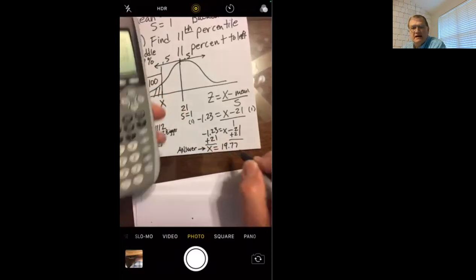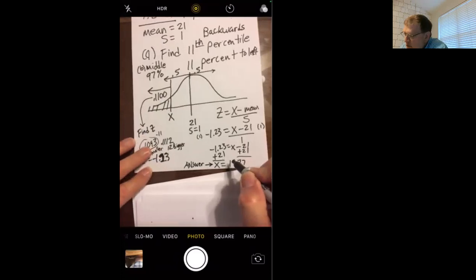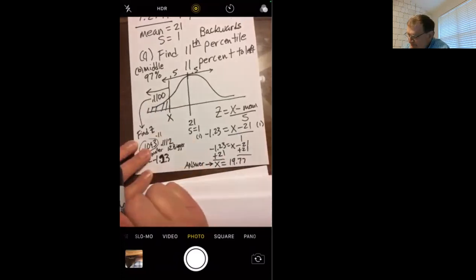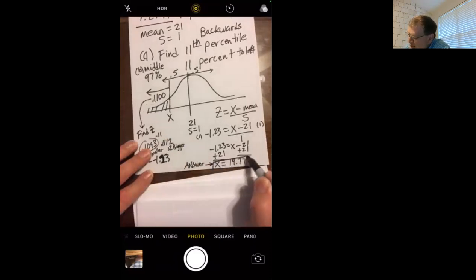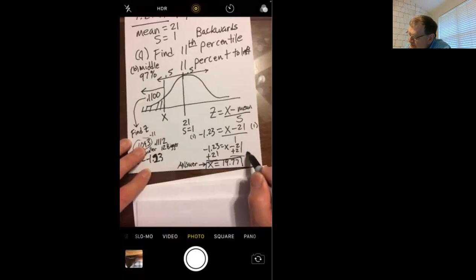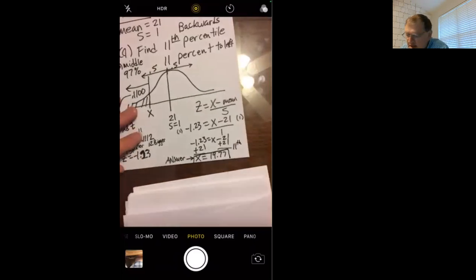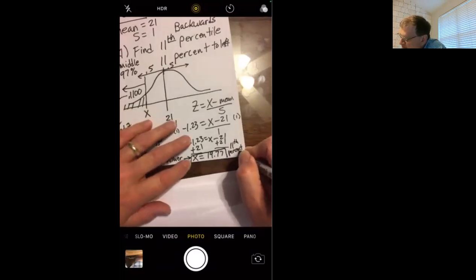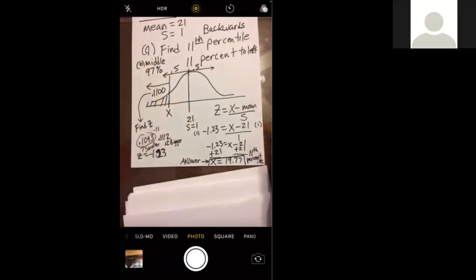That is the number of days where you got 11% of the eggs hatching in less than that. That would be called the 11th percentile. Okay, they say round to the nearest whole number.